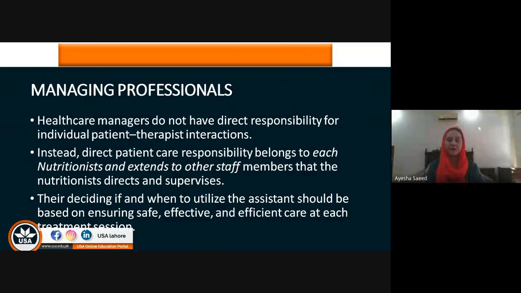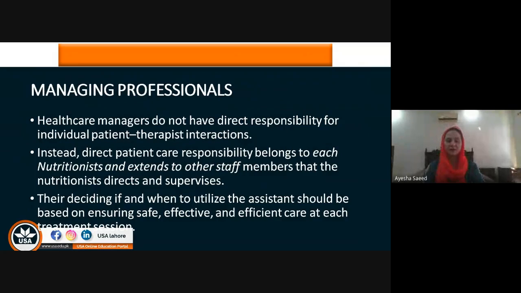It is the decision of the nutritionist when to utilize the assistants, and this decision should be based on ensuring safe and effective and efficient care at each treatment session.